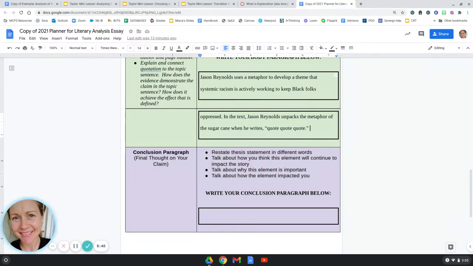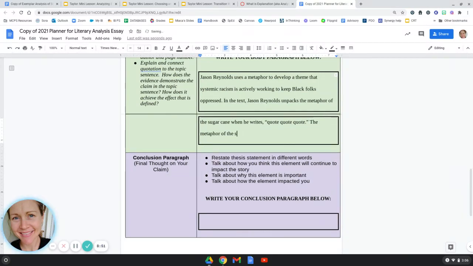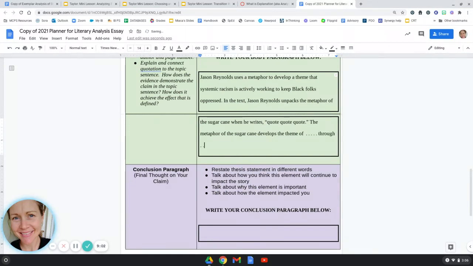The metaphor of the sugar cane develops the theme of, and then I explain my theme through, and then we use some transition words.